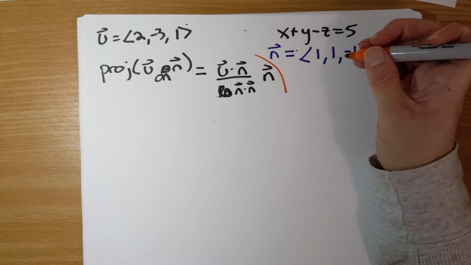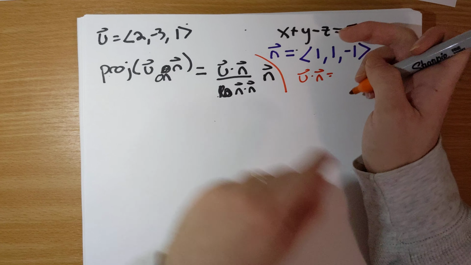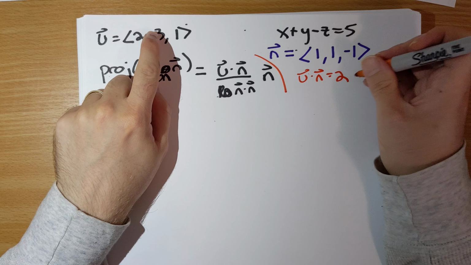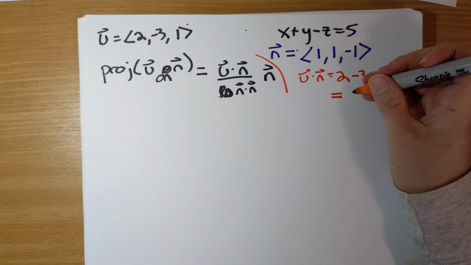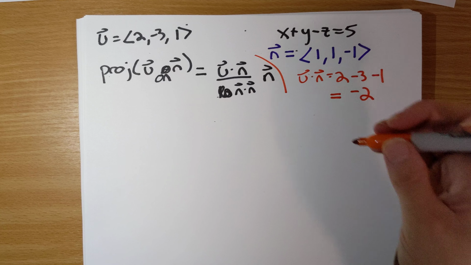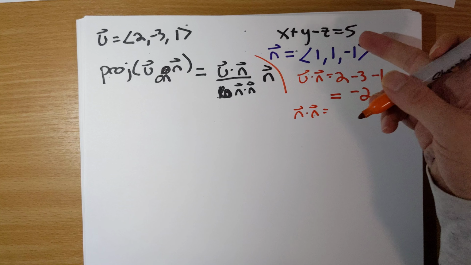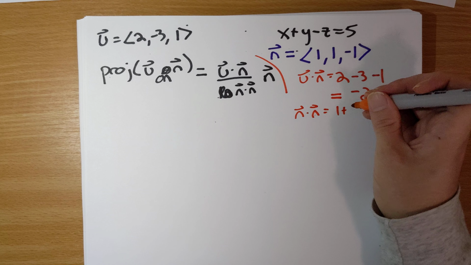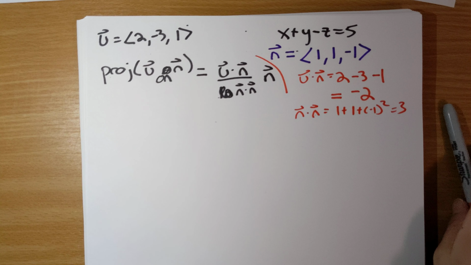Okay, what do we have here? u dot n is going to be 2 minus 3 minus 1. That looks like negative 2 to me. And n dot n is going to be 1 plus 1 plus negative 1 squared. It's 3.